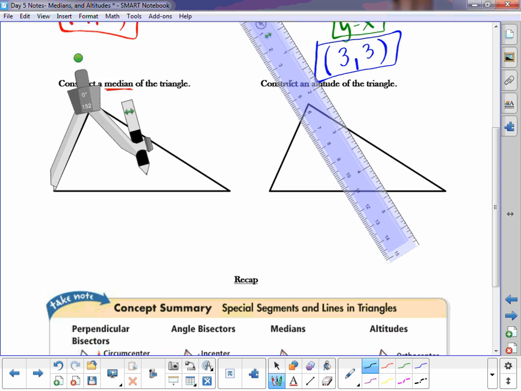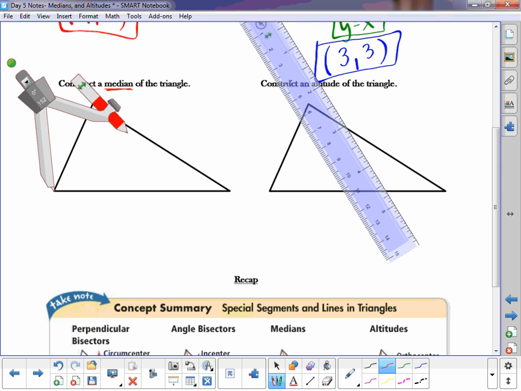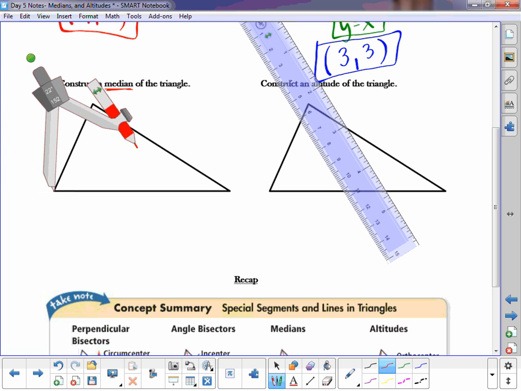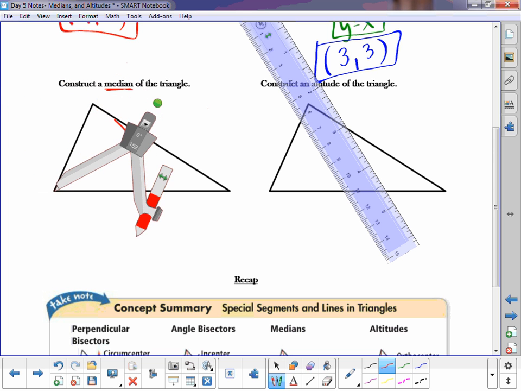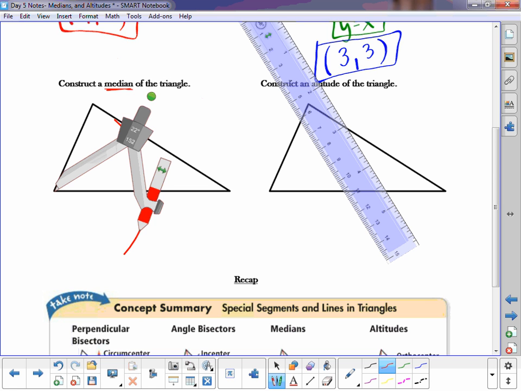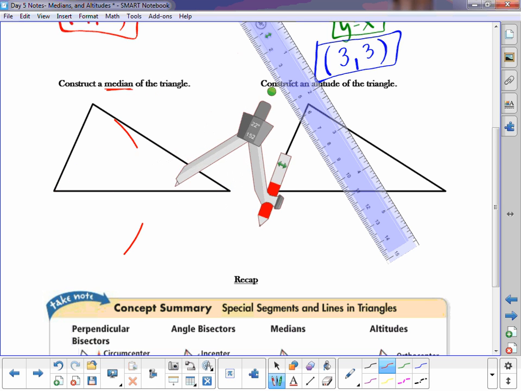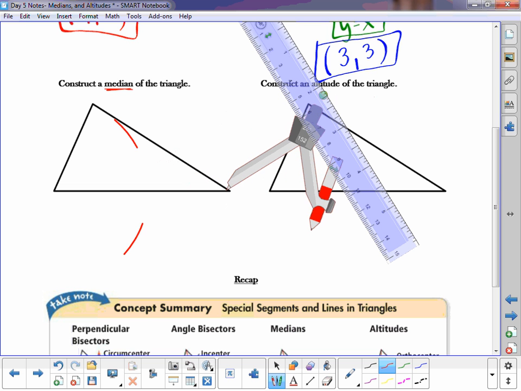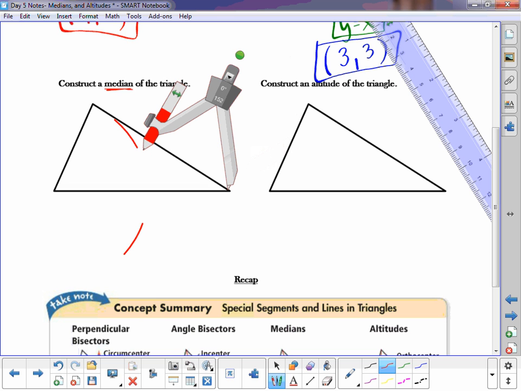Once you set it more than half the distance, then you want to go ahead and make a little arc above and a little arc below on one end, and just do the same thing for the other end. Now again, I'm doing this bottom segment, so I'm doing the endpoints of this segment here. Try to get as exact as you can. It's not going to be perfect.